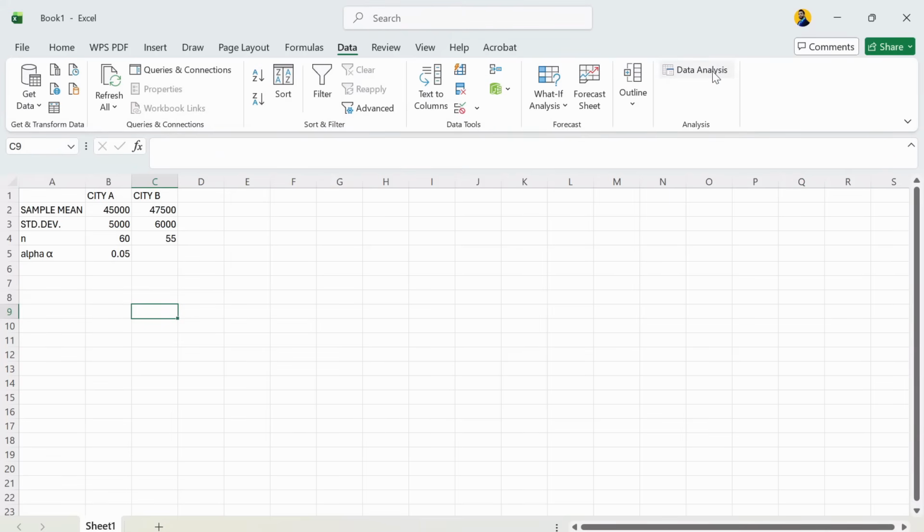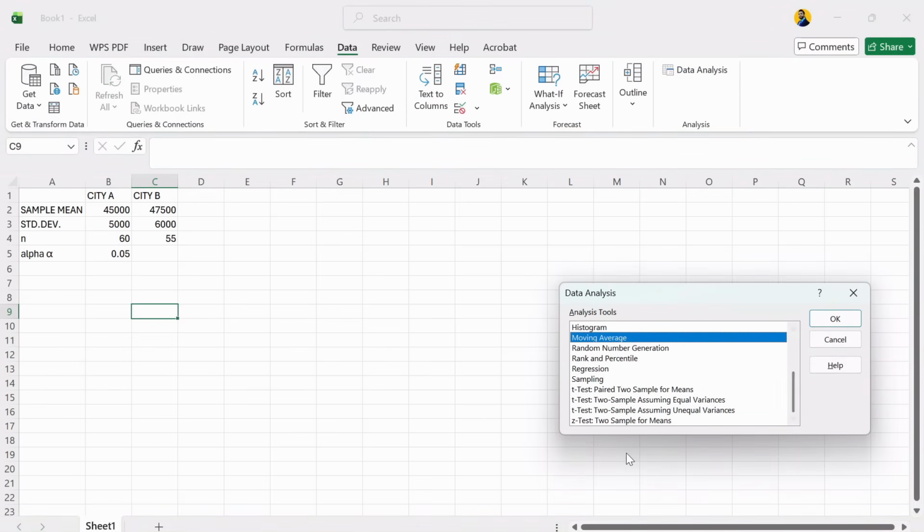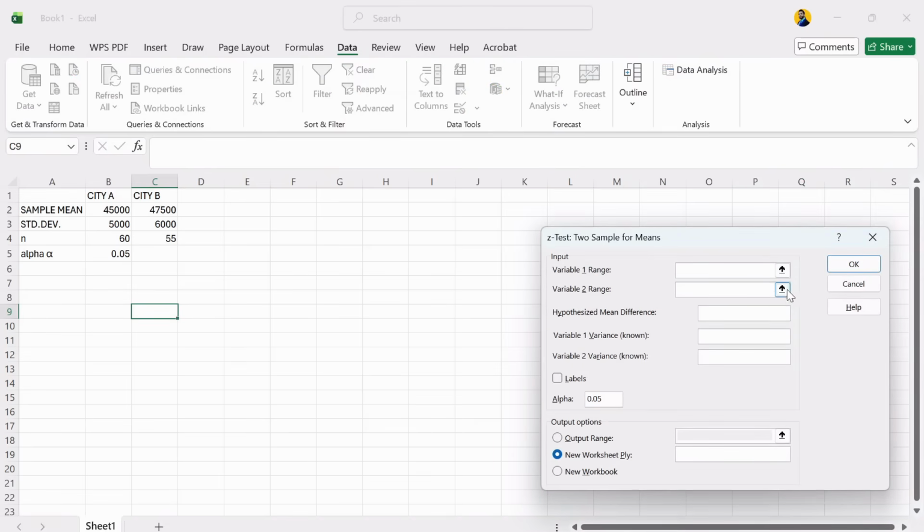So as I have my data analysis, if I click on data analysis and go for the test, in Z test, we have Z test two sample for means. That means we can implement Z test when we have two samples. In this case, we have two samples, but still we can't apply this because if you click on this and press OK, Excel will ask you for the raw input, like range one variable, which you don't have.